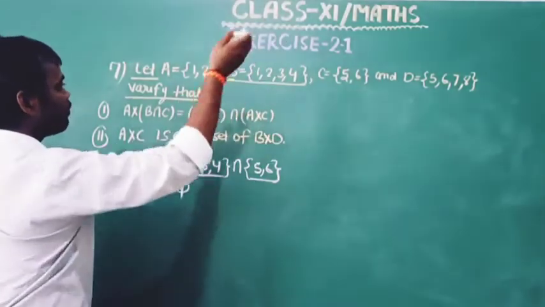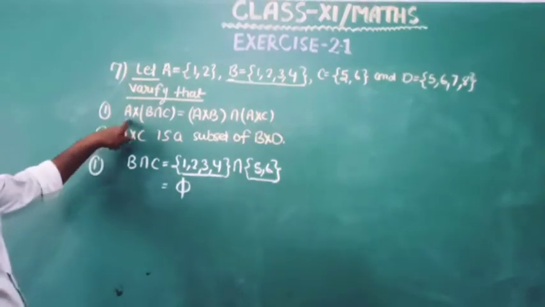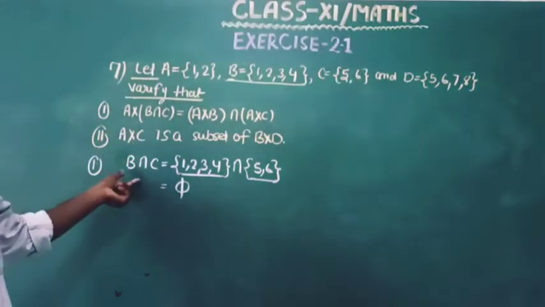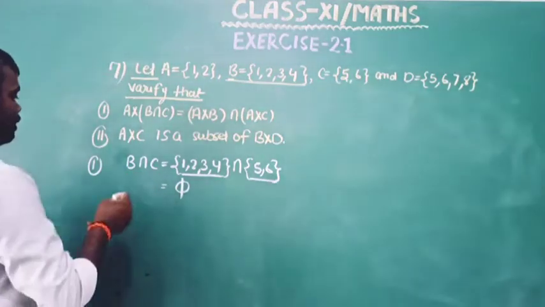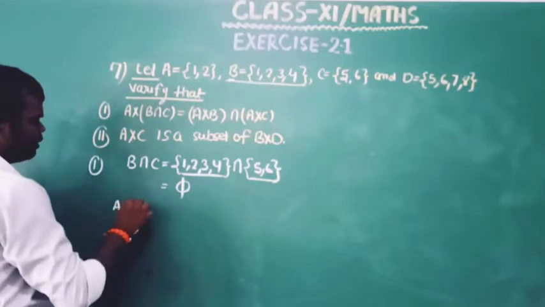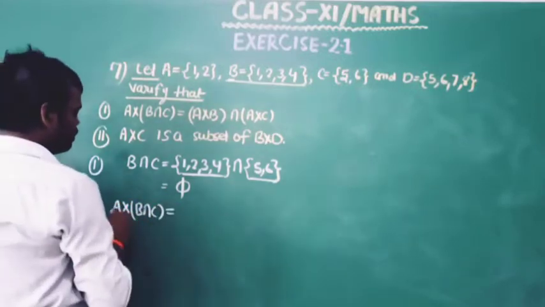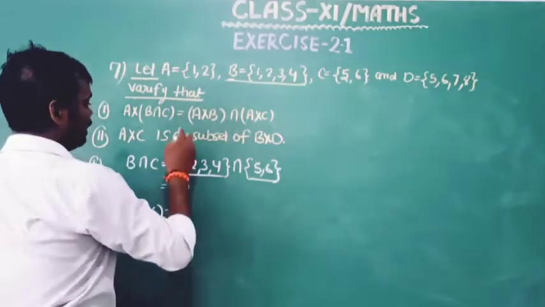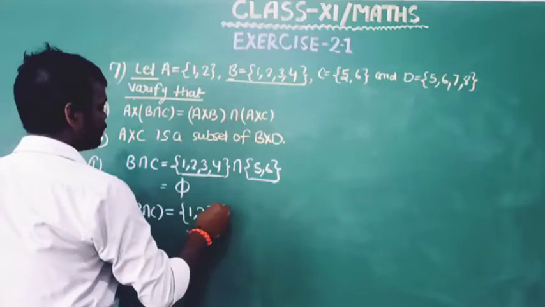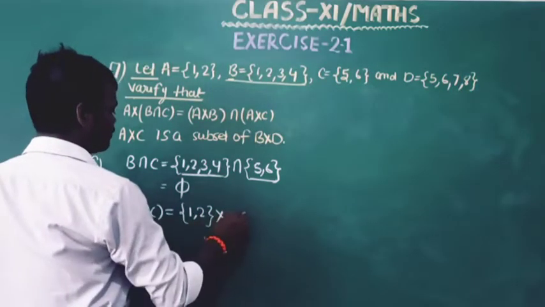And now find A cross (B intersection C). So A cross (B intersection C) equals, here the value of A is 1, 2, and B intersection C is empty.